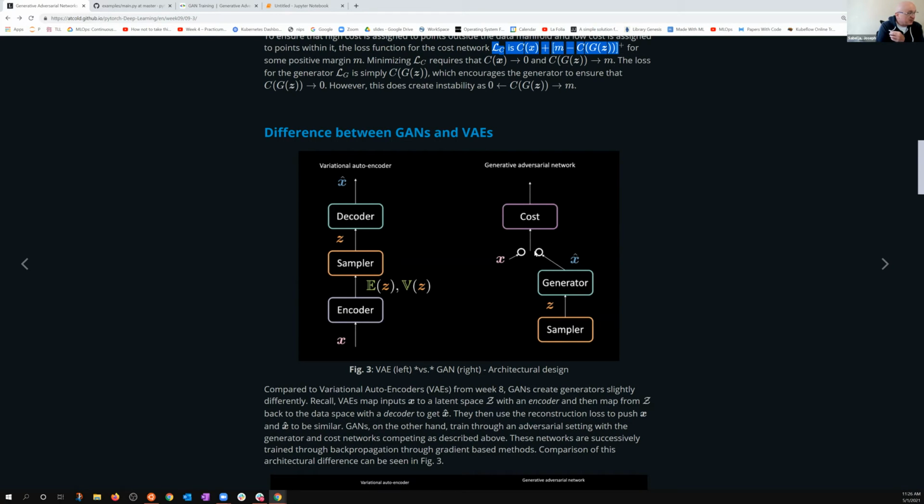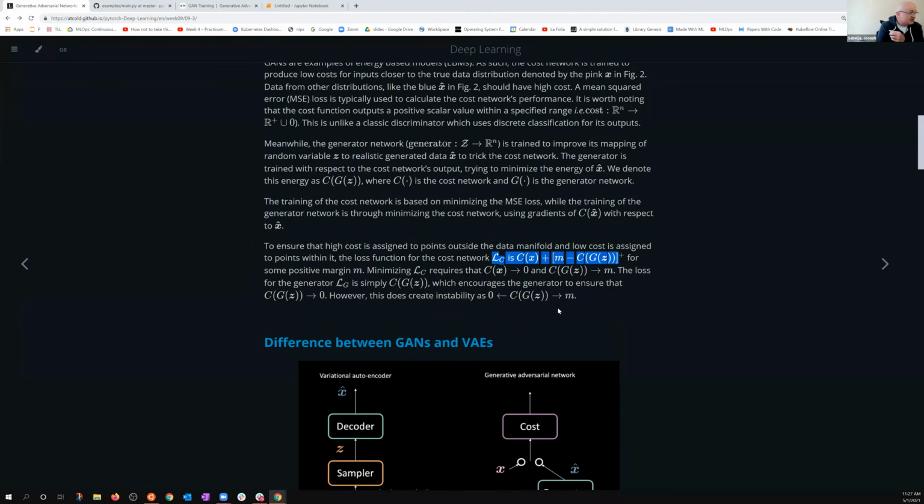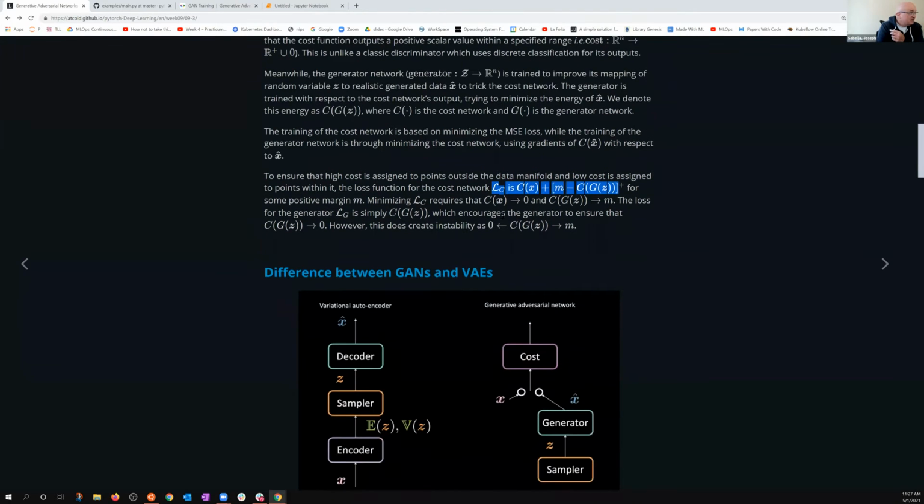So if we go back to the loss function here, the cost function is defined as the cost of the real input plus a huge arbitrary number minus the cost when it's fake data. G(Z) is X hat, right? So the output of the generator is X hat.